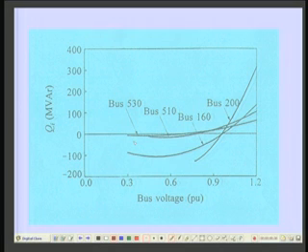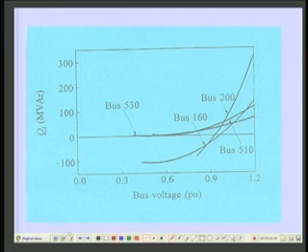Now, this shows the QV curves generated for the loading condition corresponding to B on the nose curve or the VP curve. You can see that now the shape of the curves has drastically changed.